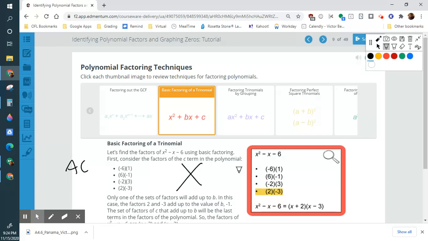The AC method is the idea of getting the first coefficient and the last coefficient, putting it at the bottom for the X box method, and then putting the middle coefficient on top, and that's going to give us clues on how to factor this out. So if we add these two together, we should get -1.